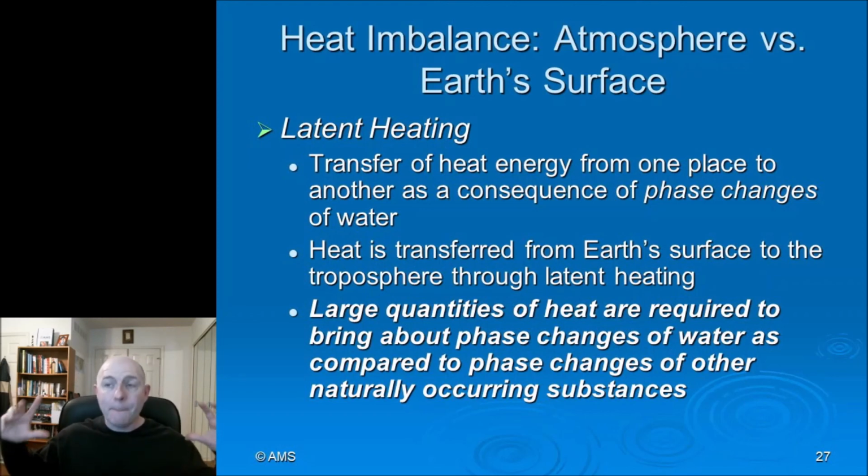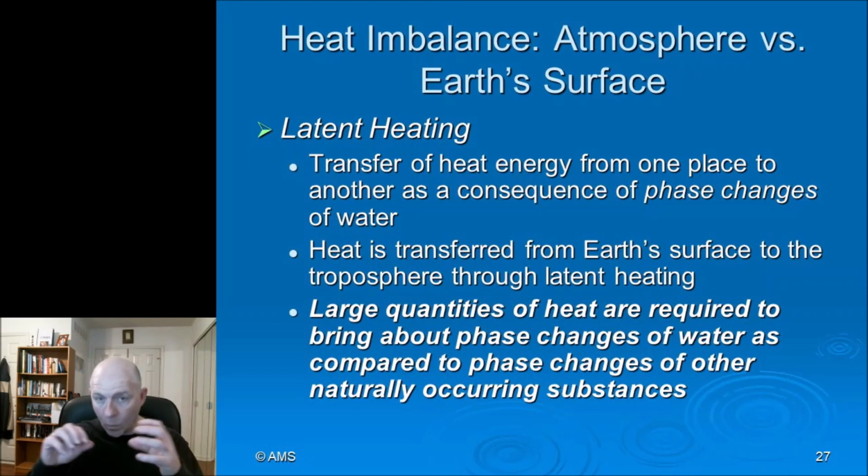There is a boatload of energy, all right, taken into the atmosphere by latent heating, right? Because it takes energy to evaporate any kind of liquid on the ground, any kind of soil moisture, and then send it into the atmosphere.